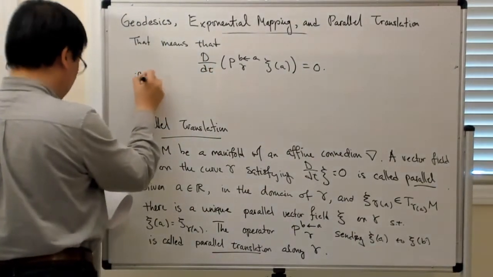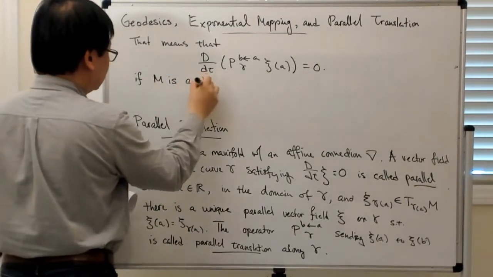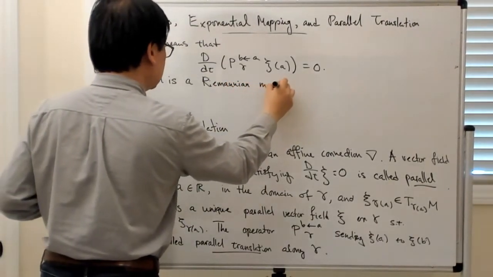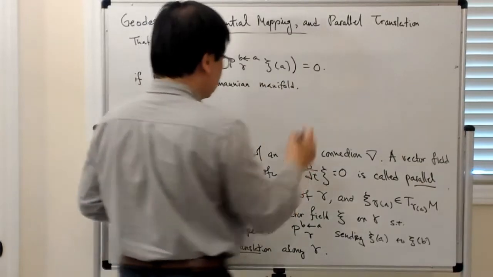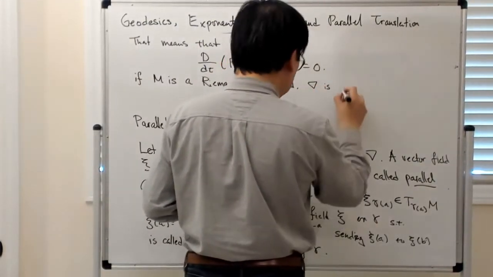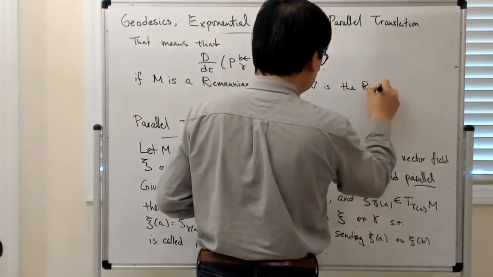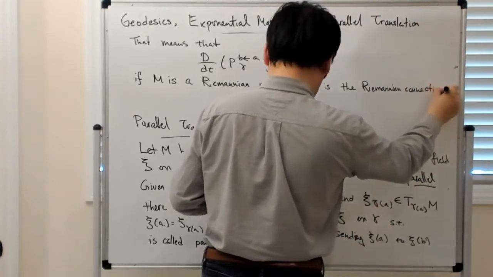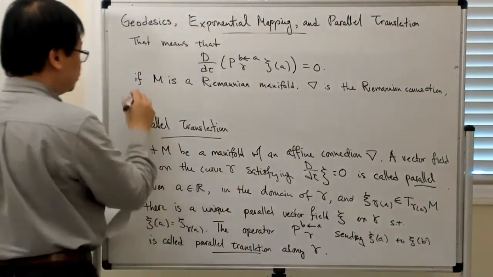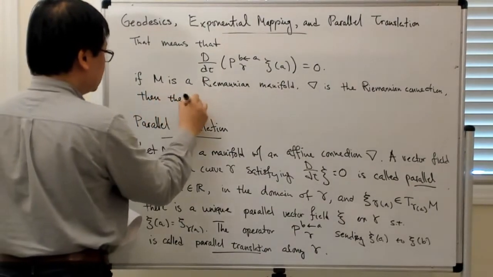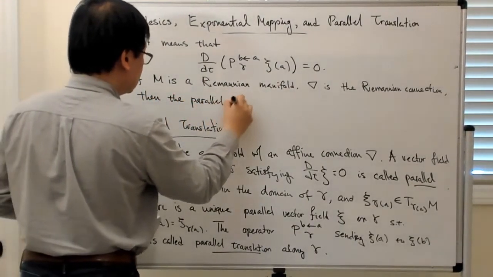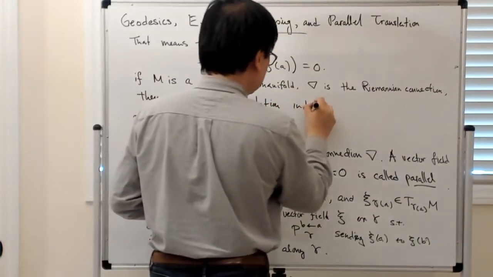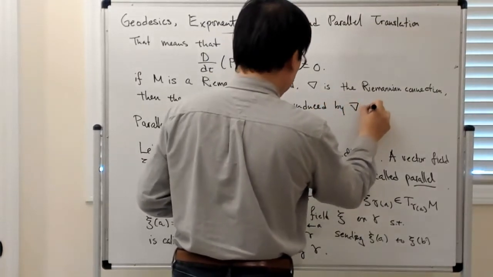So if M is a Riemannian manifold, and nabla is the Riemannian connection, then parallel transport, or translation, induced by nabla is an isometry.